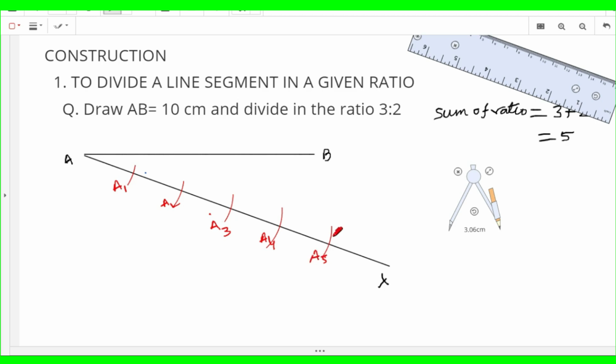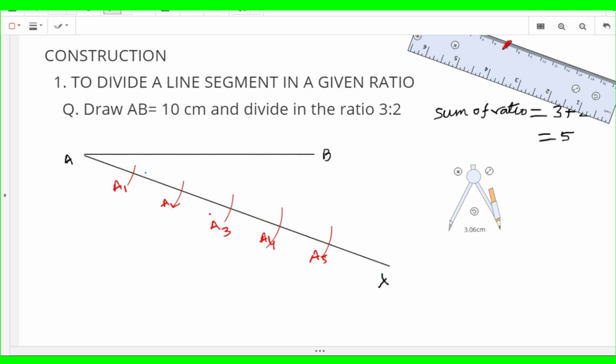So like this we have got A1, A2, A3, A4 and A5. Why have we taken 5? Keep in mind, here the sum of the ratio is 5, that's why we have taken 5 arcs. So we have taken 5 equal parts on AX.